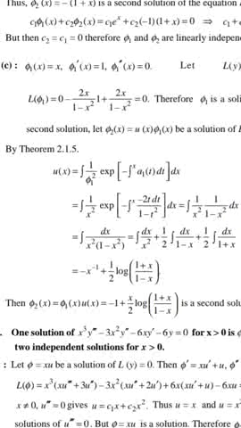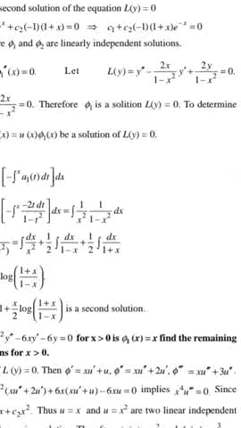To determine the second solution, let phi 2 of x is equal to u of x phi 1 of x be a solution of L of y is equal to 0.